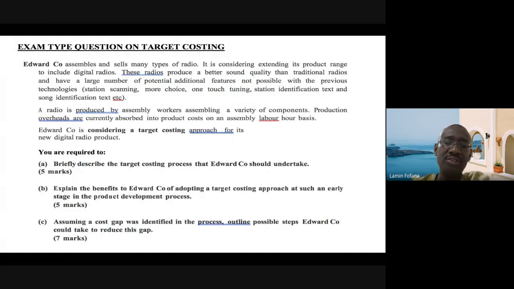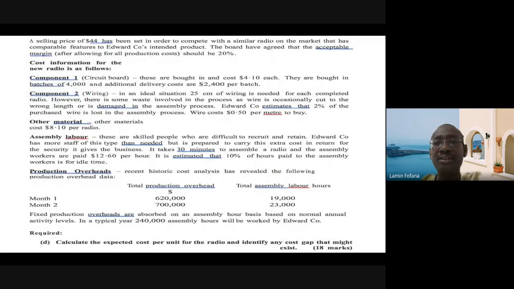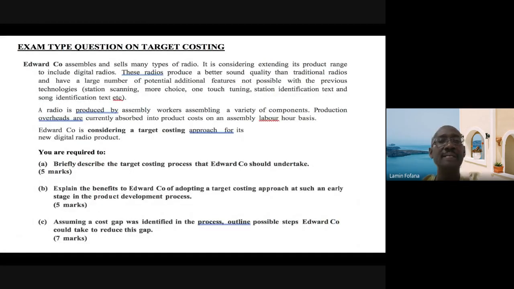Whatever target cost it comes up with will have to be compared with its projected cost using its current costing technique, which I guess is absorption costing. After comparing the budgeted cost using the current costing technique and the target cost, the difference will be the cost gap. And then the cost gap can be eliminated.